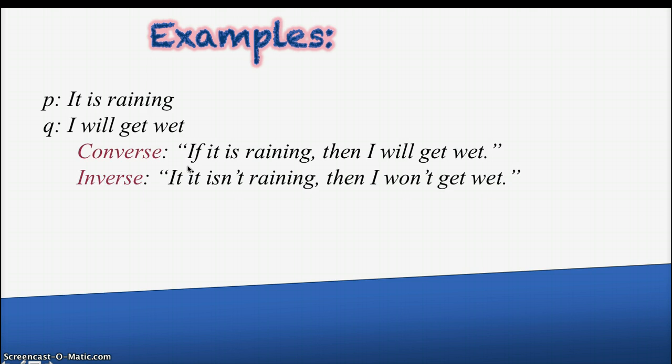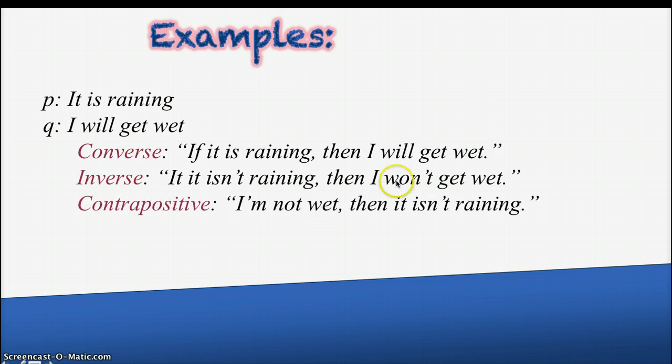The next is the inverse, if negation of P, then negation of Q. So if it isn't raining, then I won't get wet. It's the contrapositive when you have: if negation of Q, then negation of P. So the contrapositive is: if I'm not wet, then it isn't raining.